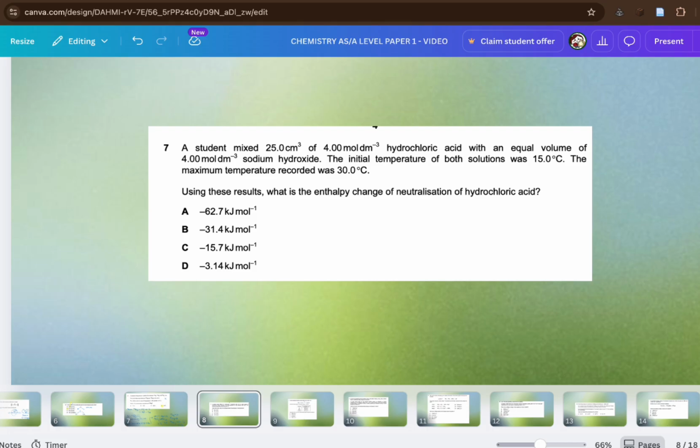Okay, so the formula for enthalpy change is delta H equals negative Q per n.